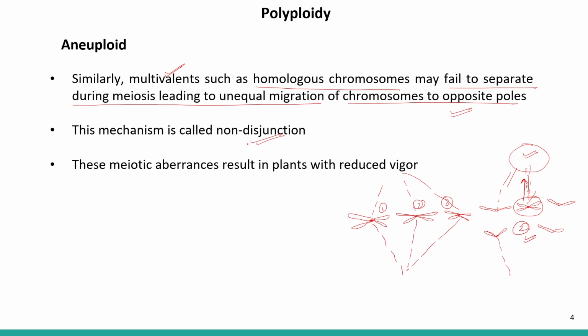These meiotic aberrations result in plants with reduced vigor.